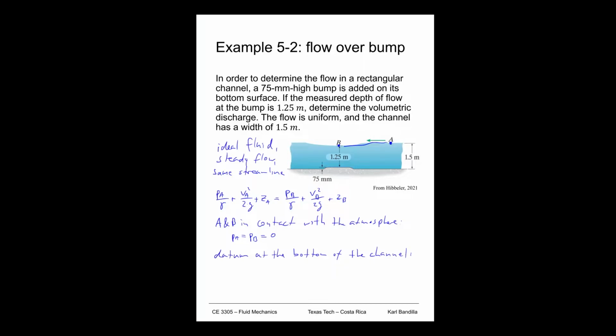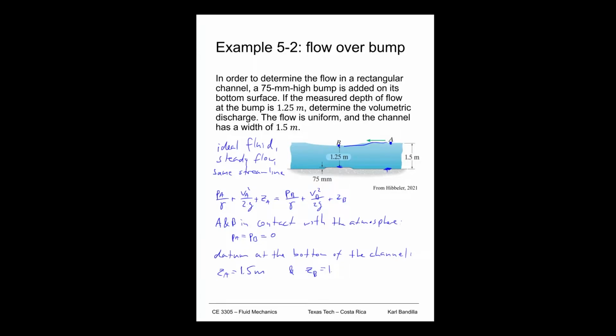So for ZA, if this is where my datum is, that's just going to be 1.5 meters. And then ZB is going to be what? Well, it says 1.25 from the top of the bump to the water surface, so we have to add 75 millimeters to that.